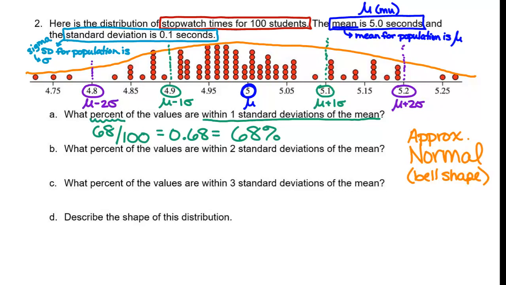We already know that between the 2 green fences is 68, so you need to add up how many more we're adding on top of that. Figure out how many dots total in between these 2 purple fences. Or you could look at how many dots were left out and do what? Subtract it from 100.